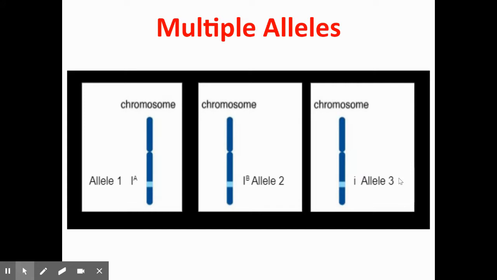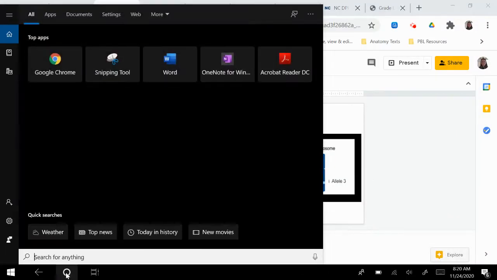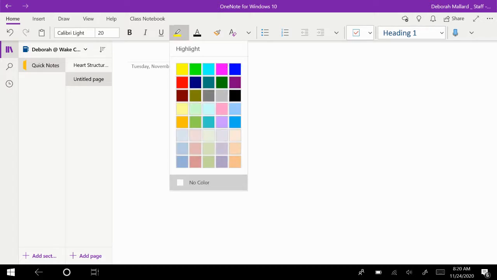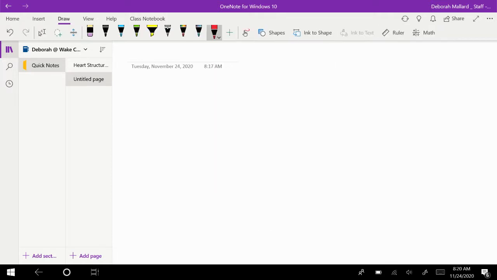Now, what I'm going to do is I'm actually going to come out of this because we're going to talk about the 4 different blood types. So there are 4 different blood types. I don't know if you all know what the 4 different blood types are, but I'm going to go ahead and pick red here.